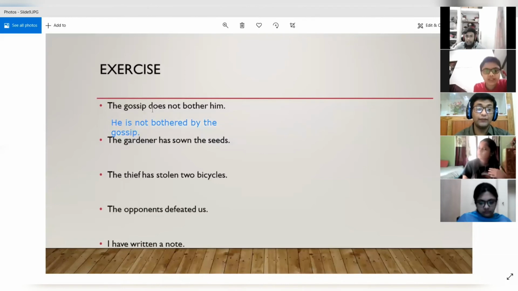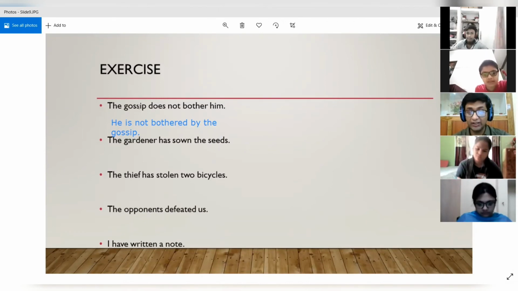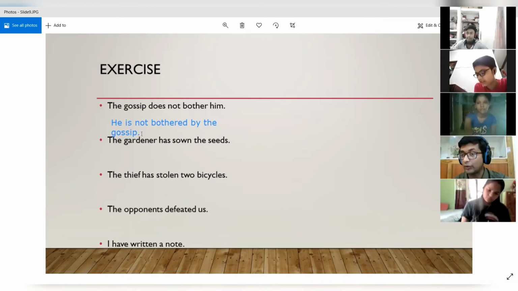Yes. So see, first of all, what was the first change? That him that was present in the object's place has been changed into the subject place. So the subject is he, because he is the subject form of pronoun, right? So he has been placed instead of him, and the gossip that was the subject in the active voice has now become the object in the passive voice. So this was the first rule.